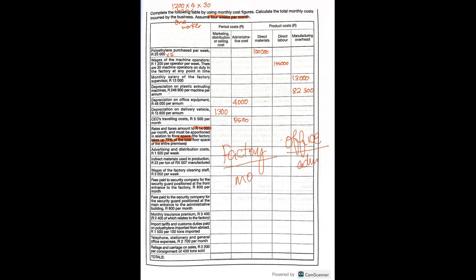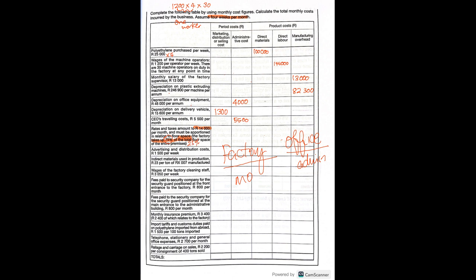So here they said to you that the total is 14,000 a month, but it must be apportioned according to the floor space. And in terms of the floor space, the factory takes up 75% of that total. So here you'd first have to work out the 75% specific to the factory, and then the remaining 25% automatically would be for the office.